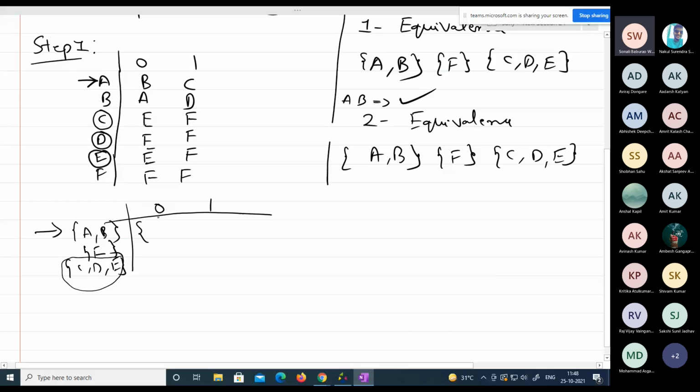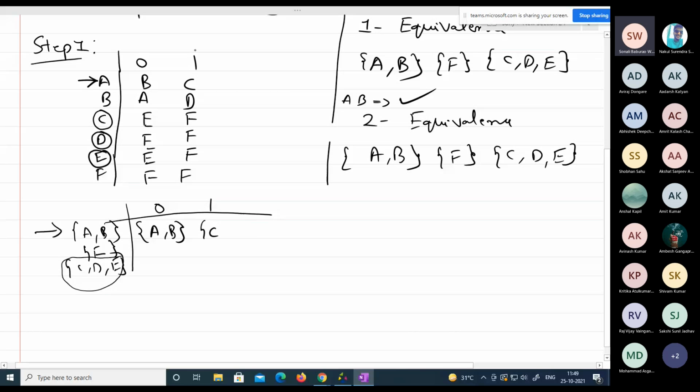From the state table, A and B return values.